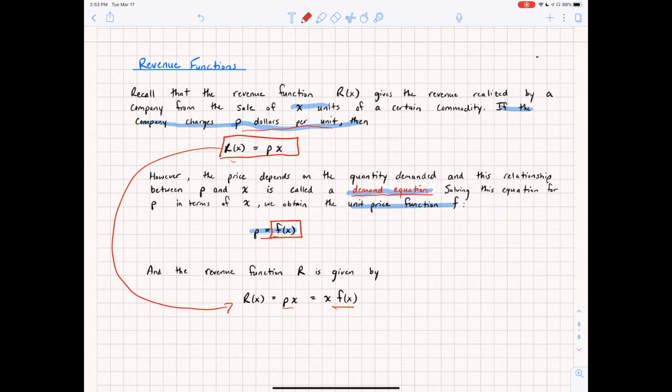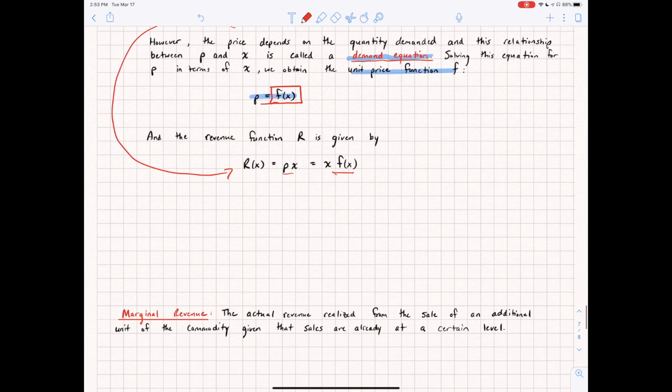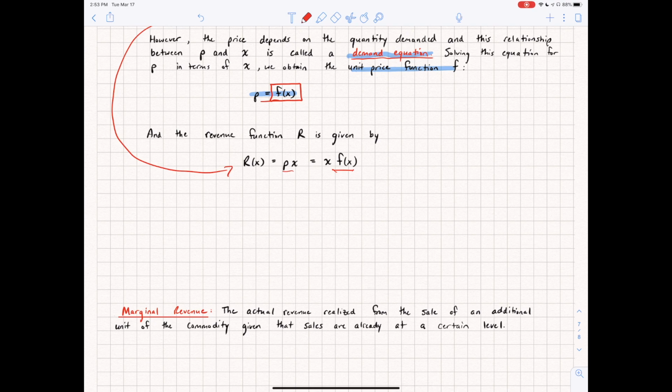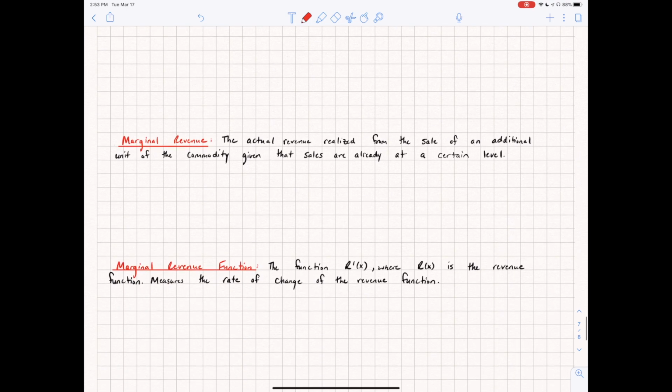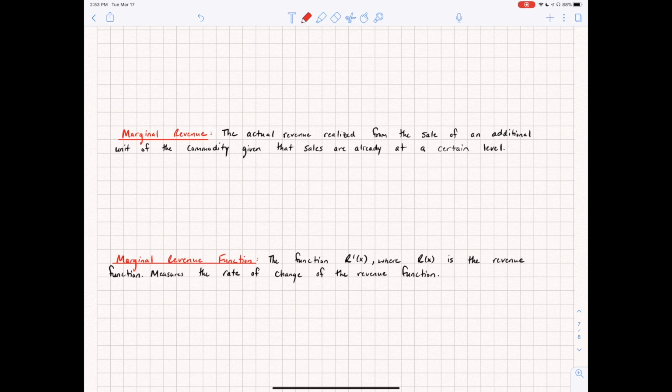So I've got an example here that we'll get into in a second, but what we're going to look at is the marginal revenue, and then within that, the marginal revenue function. The marginal revenue is the actual revenue realized from the sale of an additional unit of the commodity, given that sales are already at a certain level.